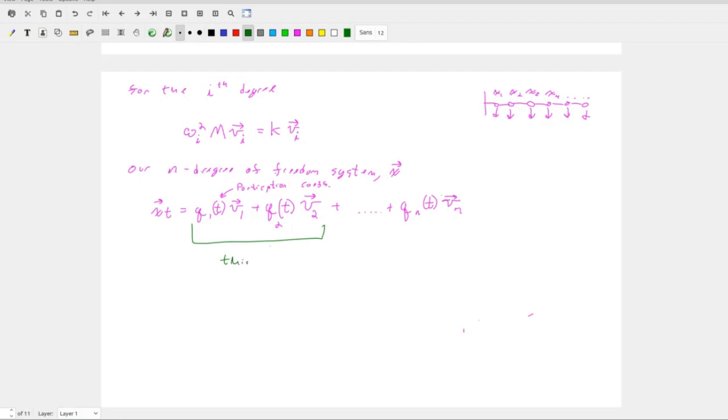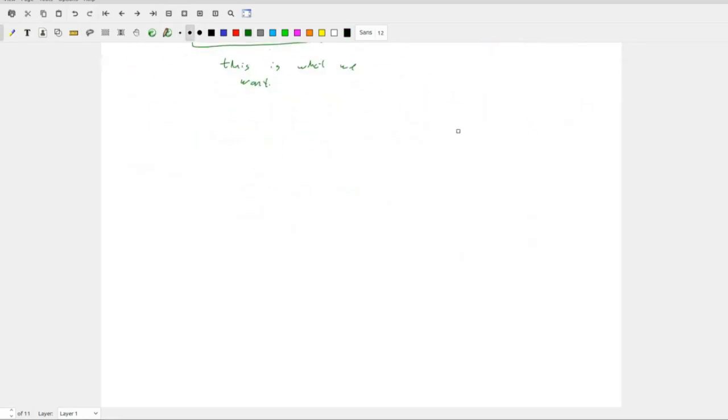Now we get into the part that's a little weird. We need to define a modal matrix, right?